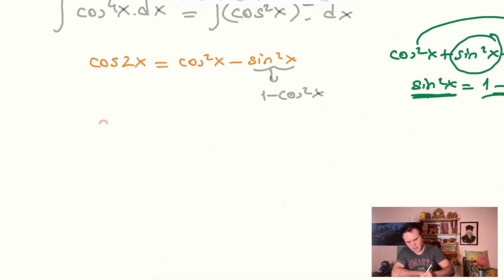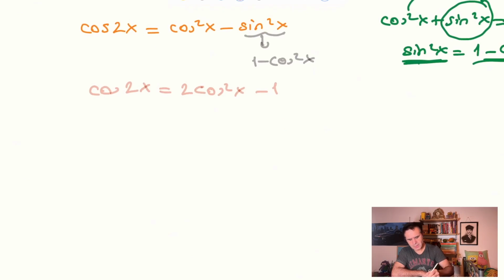Then the equation becomes cosine 2x equals cosine square of x minus 1 plus cosine square of x, and that's equal to 2 cosine square of x minus 1. Take this 1 here: cosine 2x plus 1 equals 2 times cosine square of x.